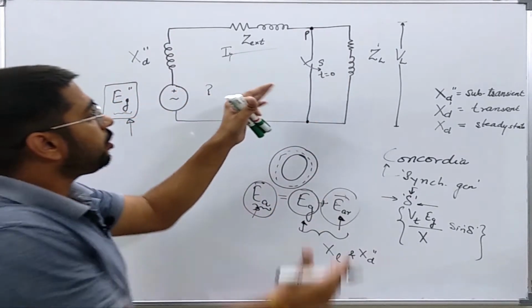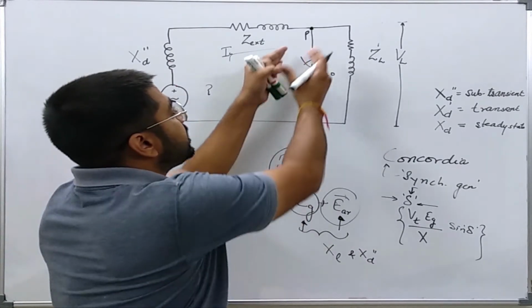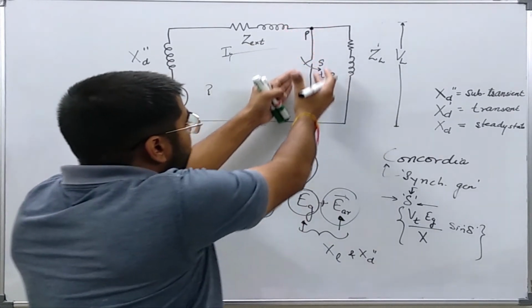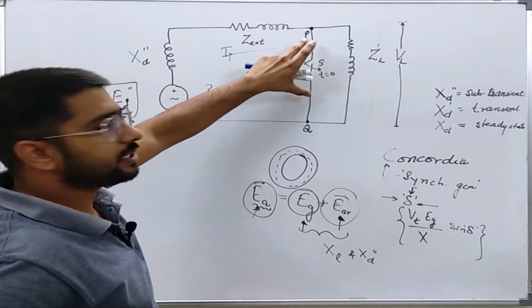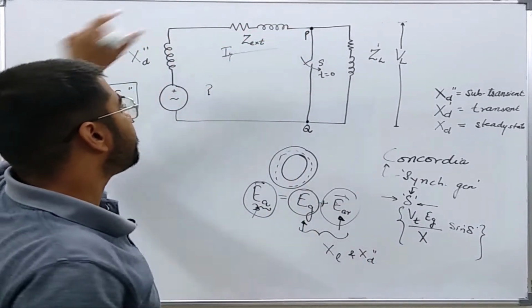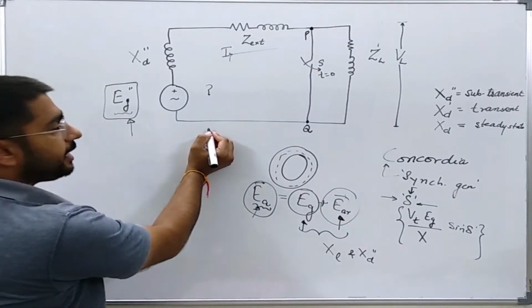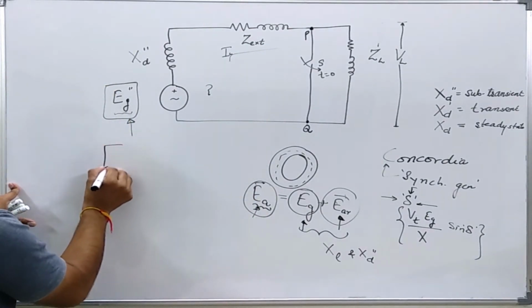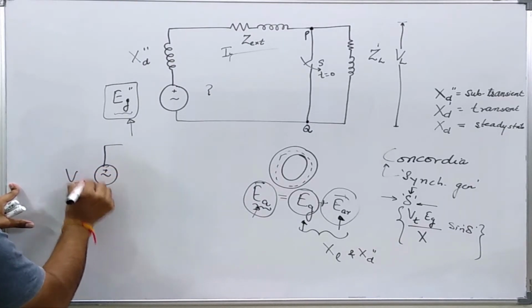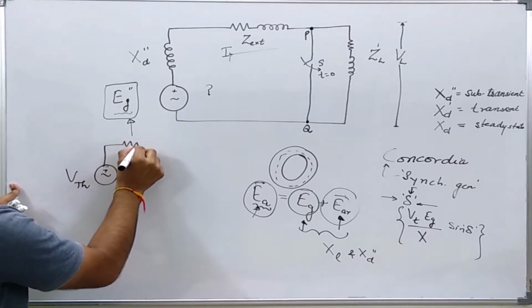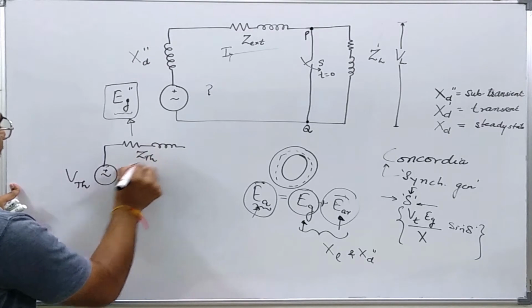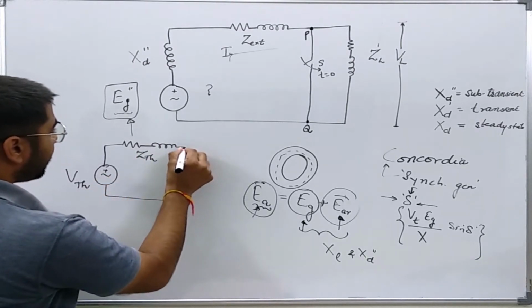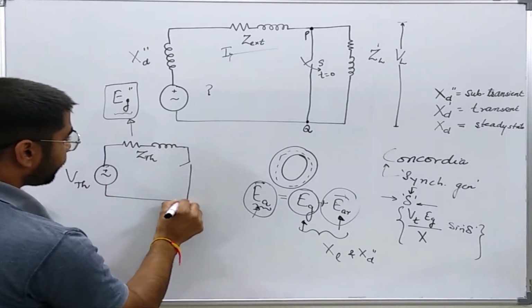Now if I want to see the Thevenin network seen between these two points, P and Q, that is across the switch, it will be a voltage source V Thevenin in series with some impedance Z Thevenin, and there is the switch.